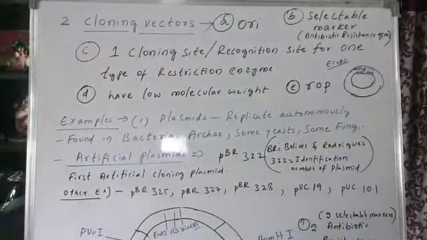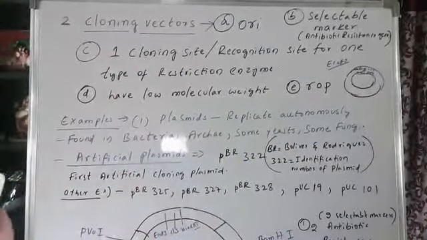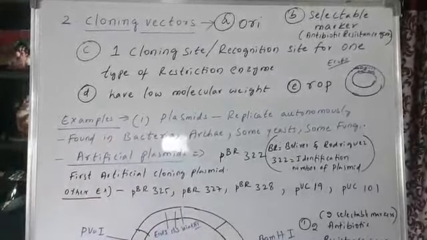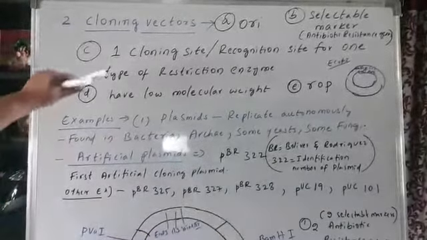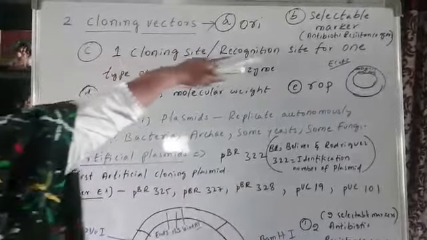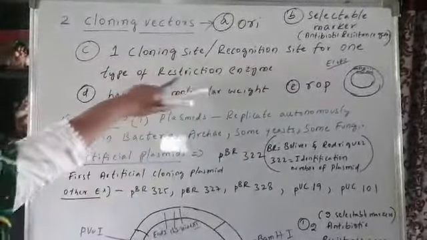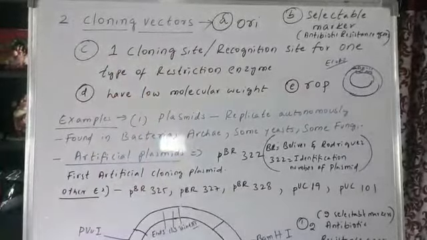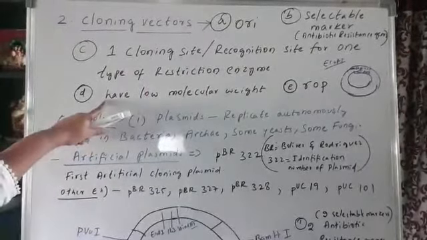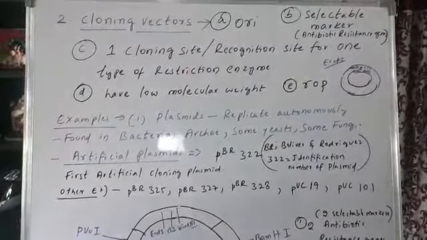If you are using some other enzyme like HindIII, there should be one restriction site for HindIII. So a cloning vector should possess a single cloning site or a single recognition site for one type of restriction enzyme.